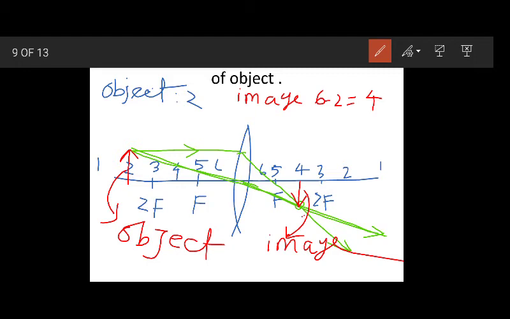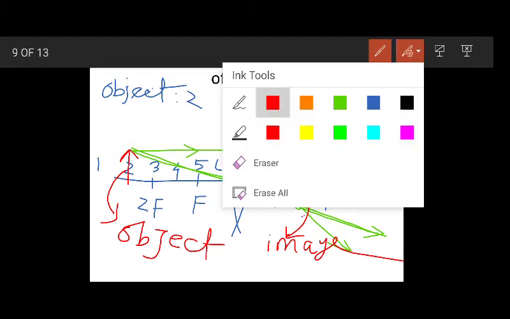So you may practice by yourself for the position of the object at different positions, and I will practice again.